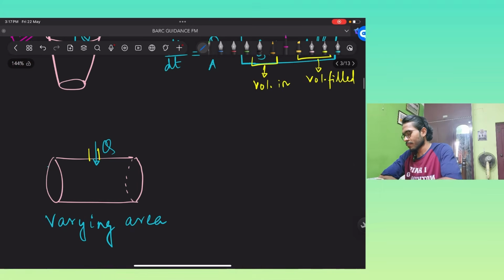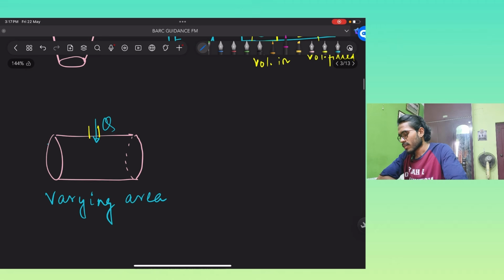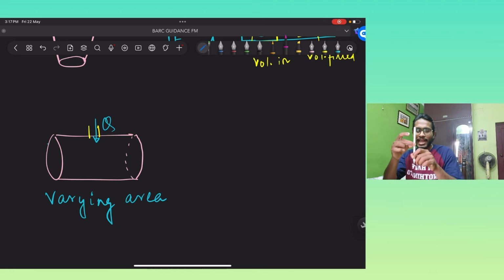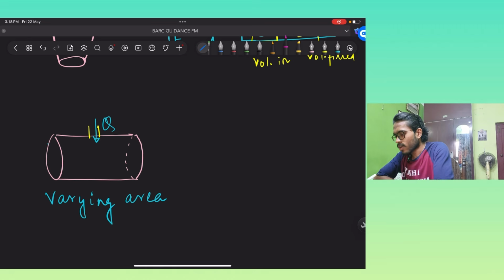So now you see again a varying area case, but this is the same case: a constant area cross section glass. It was vertical earlier; I have just tilted it like this, and now I am filling water like this. Let me define the problem first.